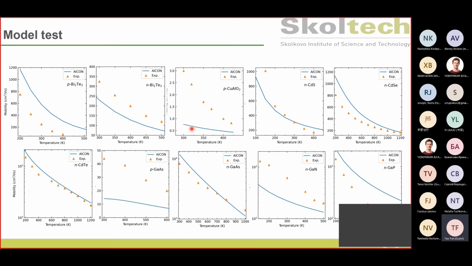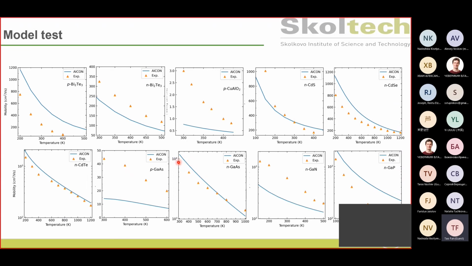For some compounds, the calculated values agree quite well with experimental results, but for some compounds the results show a lot of difference. Actually, it seems our model is applicable to a wide range of materials. For example, this N-type gallium arsenide, which has a very large mobility.